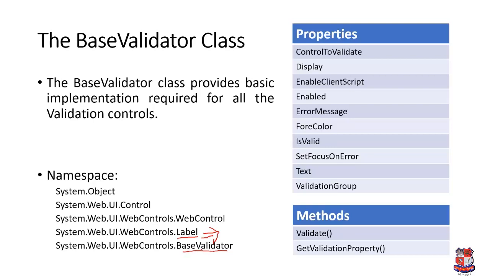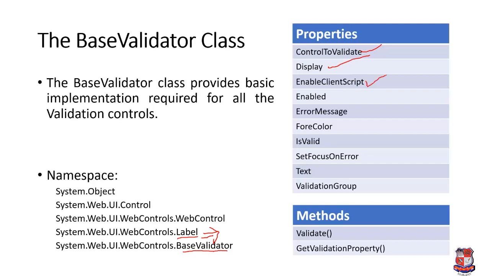So in each and every validation control, a label control will be there. Now we'll discuss the properties available for the base validator class. First is ControlToValidate. It is used to specify the input control, such as a text box, which needs to be validated. Next is Display. It is used to handle the behavior of the error message in a validation control.